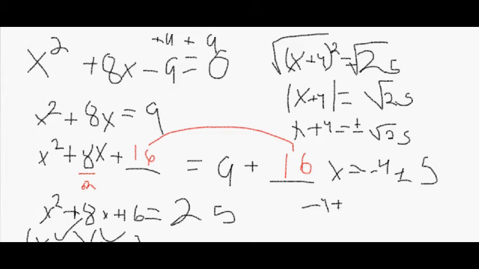Then you solve it, so we'll have x equals negative 4 plus 5, and x equals negative 4 minus 5. So x equals negative 4 plus 5 is 1, or negative 4 minus 5 is negative 9. Alright, that's how that is done.